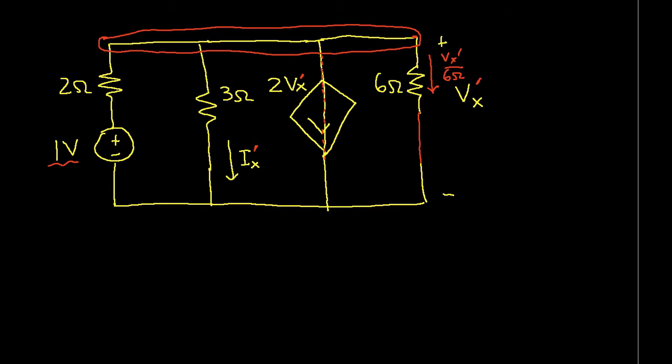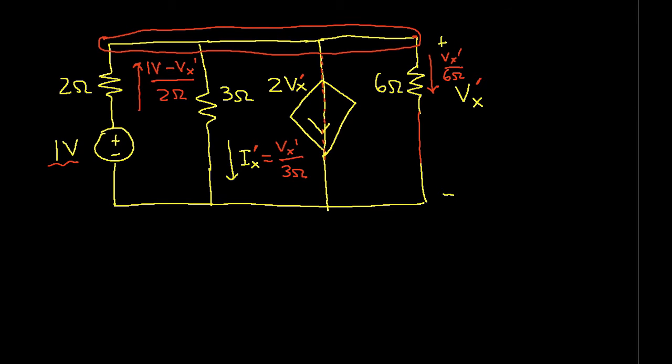We know that Ix prime here is equal to Vx prime over 3 ohms. And so now we just need to find the current that goes into the top node through this resistor. This current would be the voltage difference across the resistor, which would be 1 volt minus Vx prime over 2 ohms.